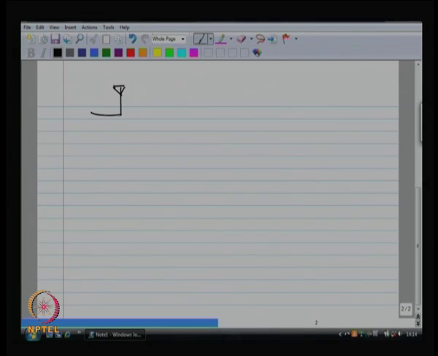And in the last lecture, what we were talking about was how there is going to be a transmitter and there is going to be a receiver. At the end of the transmitter, you have a power amplifier, in short PA, and at the beginning of the receiver, there is the low noise amplifier, LNA.